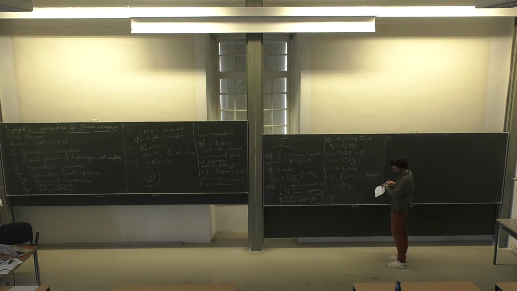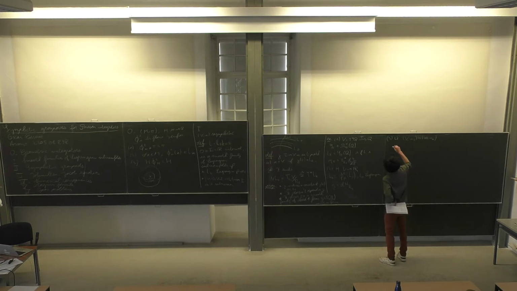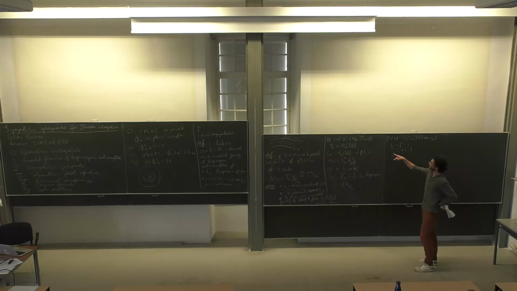Third example, I take a symplectomorphism psi from V to W, and then I take L, the smooth family of Lagrangian submanifolds, and I set L tilde the image of L by psi, and then the variation forms of L tilde will be related to the ones of L by psi.